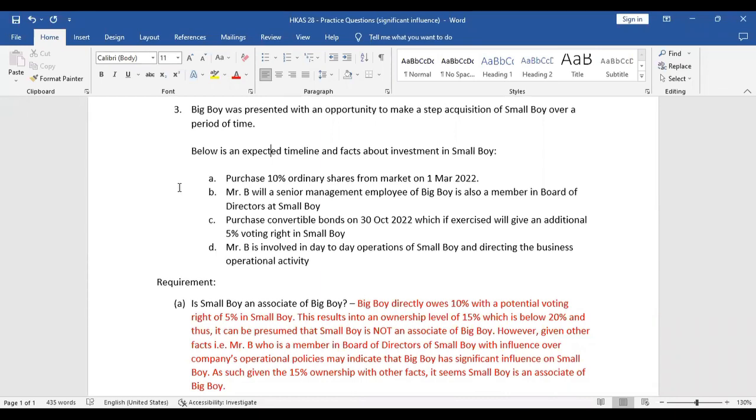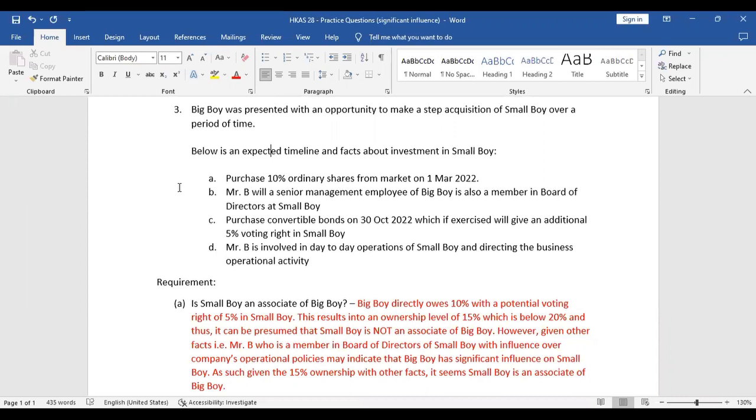So now, the question here is: is small boy an associate of Big Boy, right? That's the whole argument. And to judge that, there are 2 things you look at. Either the percentage of investment should be 20% or more, or the company should have significant influence.